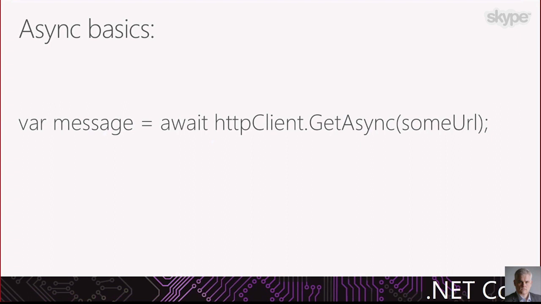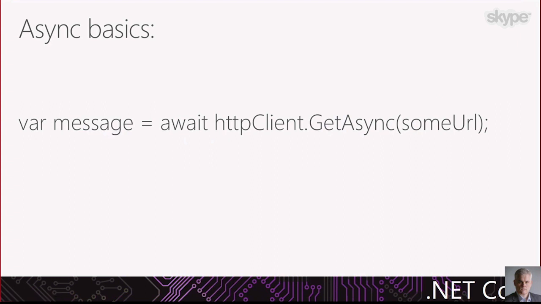So the .NET Framework is really left with an IOU, a promise that at some point in the future, it's going to have the result that it was hoping for. So this IOU, this promise, is returned from the async method in the form of a task object. Now, you don't see the word task represented anywhere, but this getAsync actually returns back a task to this value.